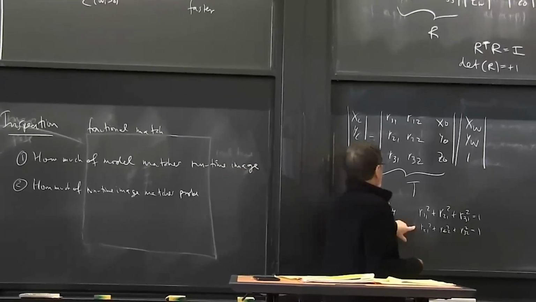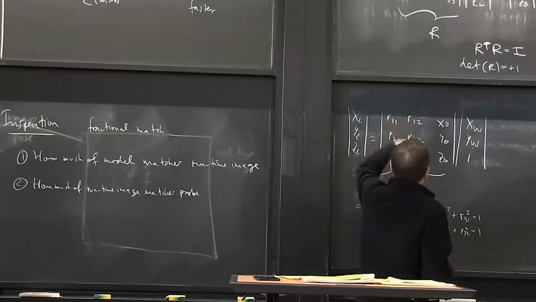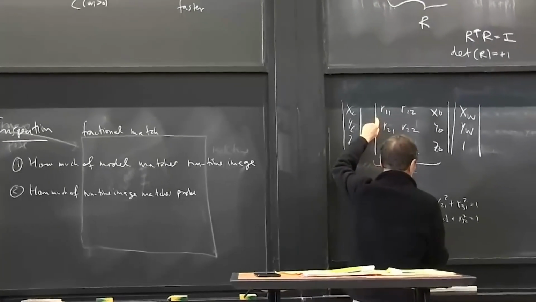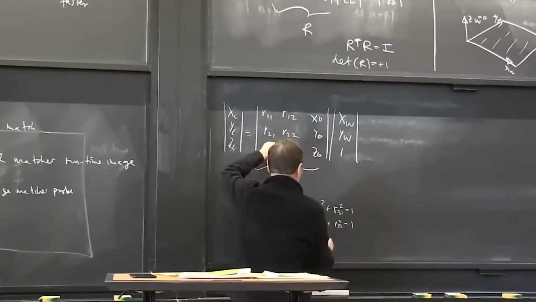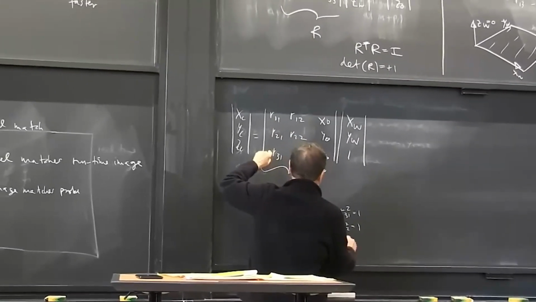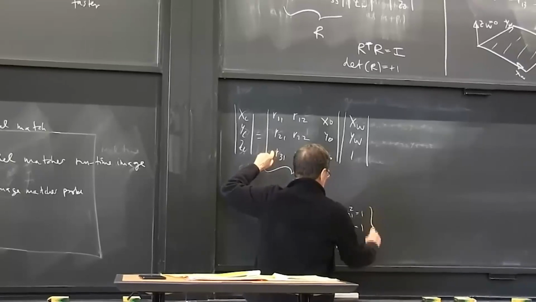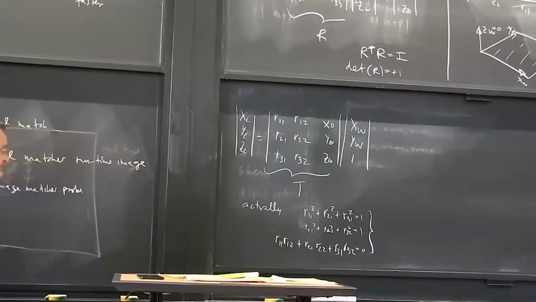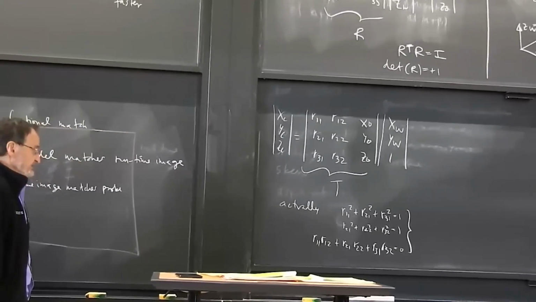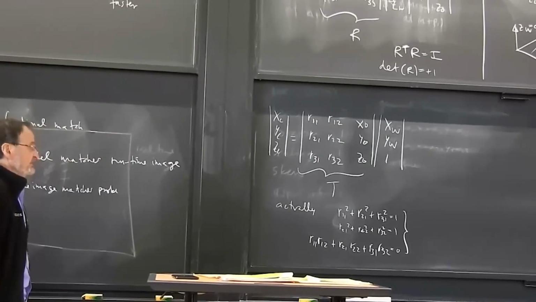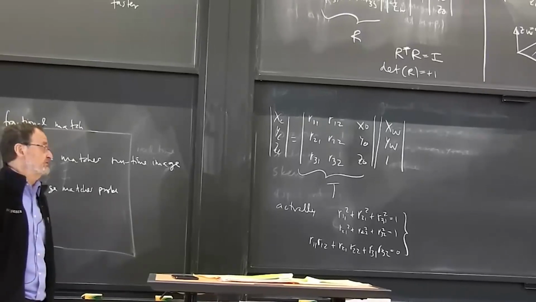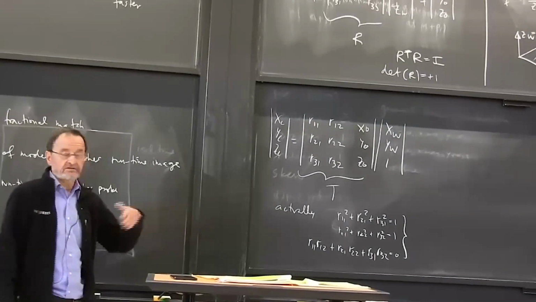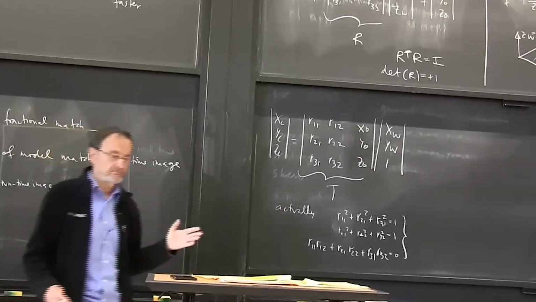Okay, 2 constraints. Well, there's another one. These have to be orthogonal. So R11 R12 plus R21 R22 plus R31 R32 has to be 0. Okay, so this matrix T should really satisfy those 3 constraints. And let's add things up. So it has 3 by 3, it has 9 elements, 3 constraints, that leaves us 6 degrees of freedom.